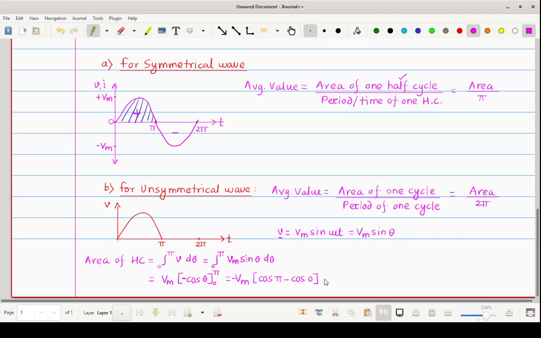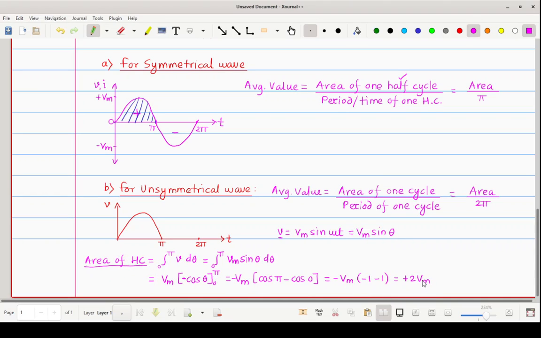Now cos of pi, that is cos of 180, is minus 1, and minus cos 0 is again minus 1. So minus 1 becomes minus 2, and minus 2 multiplied by minus Vm gives plus twice Vm. This is the area of half cycle.